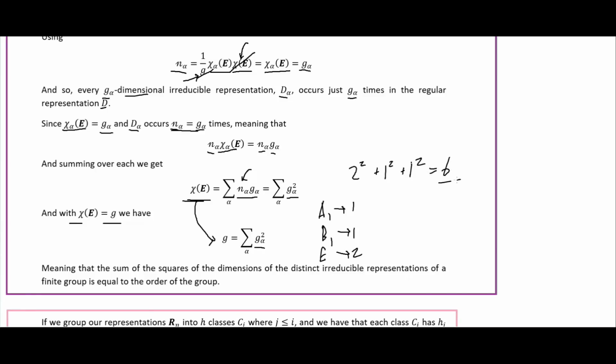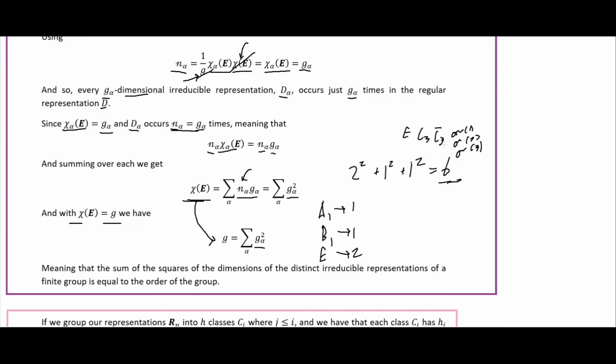And that is the order of the C3V group, because we have the identity, we have the C3 and the C3 inverse, and we had the three sigmas, sigma 1, sigma 2, and sigma 3, and so it has 6.